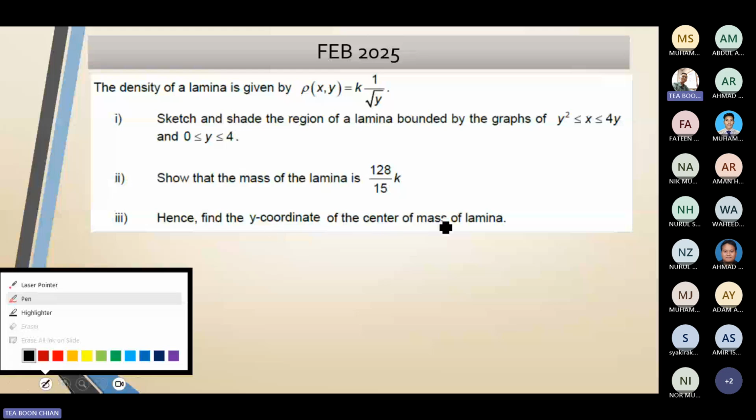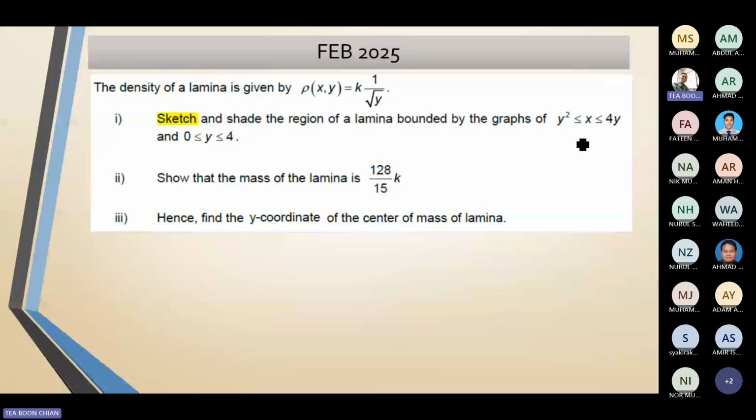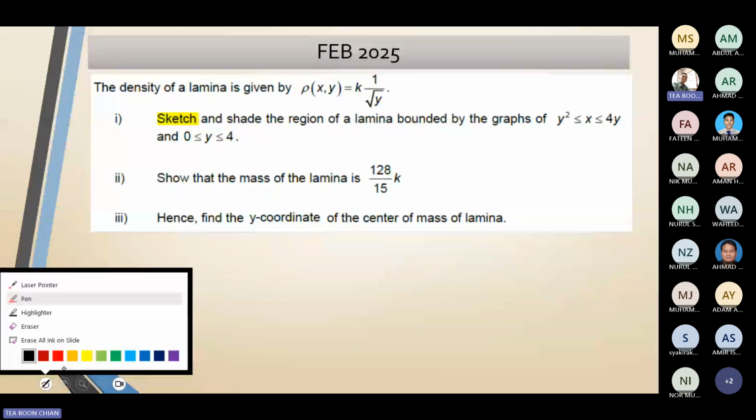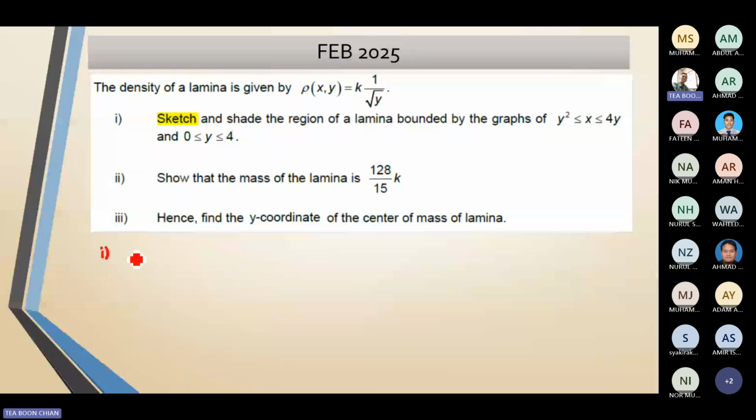Well, let's look at the region. Now, I hope all of you should still be able to understand what this interval means. Actually, from the interval itself, you can obtain 4 different equations. In other words, first, y squared less than or equals to x less than or equals to 4y.